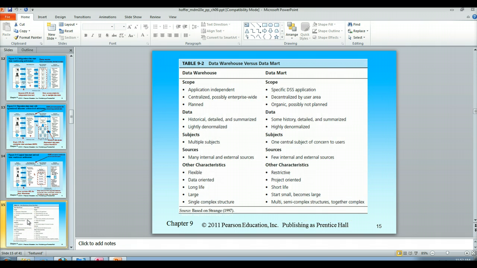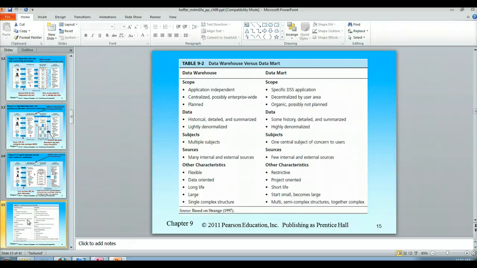So let's take a look at the differences. We've got the data warehouse and we've got our data marts. The scope of a data warehouse is much more broad, whereas a data mart is decentralized by a user area. Then we've got the actual data, where we've got historical, detailed, and summarized data. It's a combination of the snapshots, which are detailed, and the summaries. And we'll make a distinction of that soon.